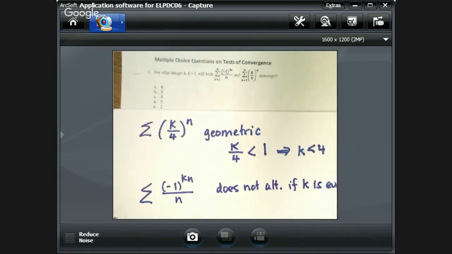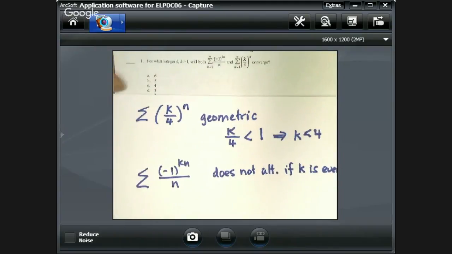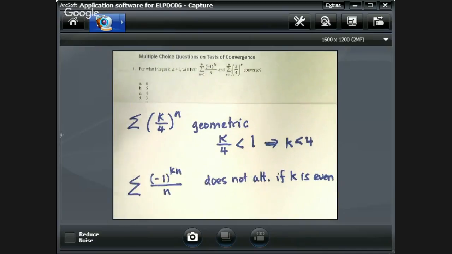If you think about that, if k is even, that means this power is always even, which means if I take -1 to an even power, it's now positive. And there's a harmonic series which diverges.